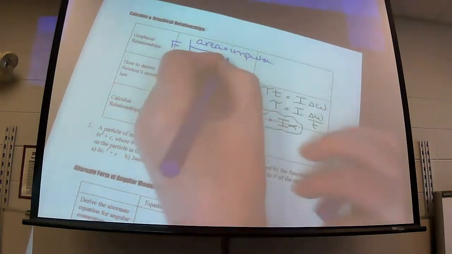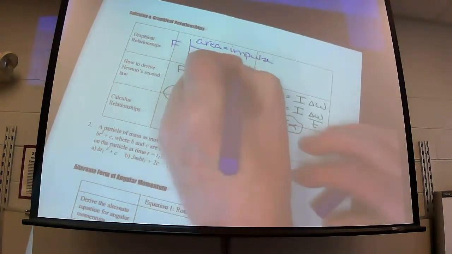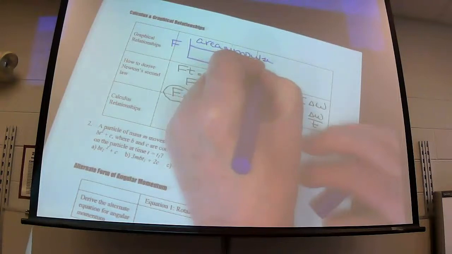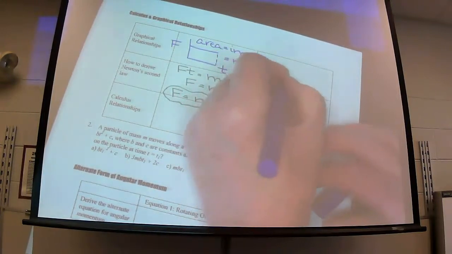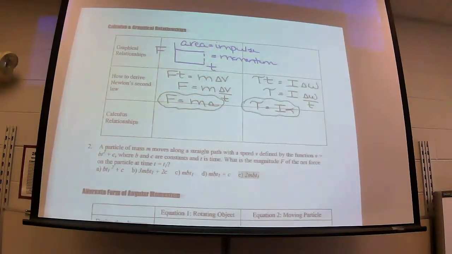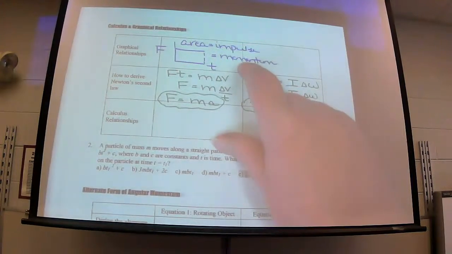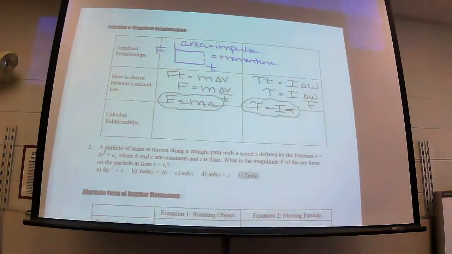And doesn't impulse equal momentum? So if someone gives me a force versus time graph, I now can find the area and I know the impulse, or I know the momentum. You know both of them.